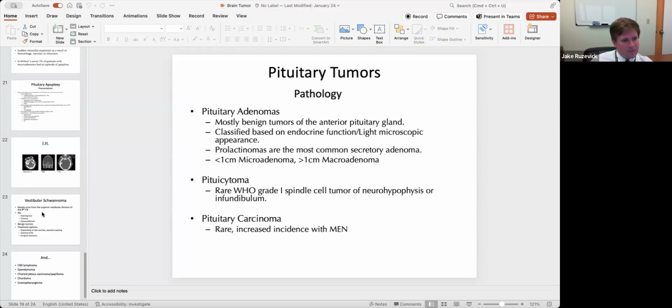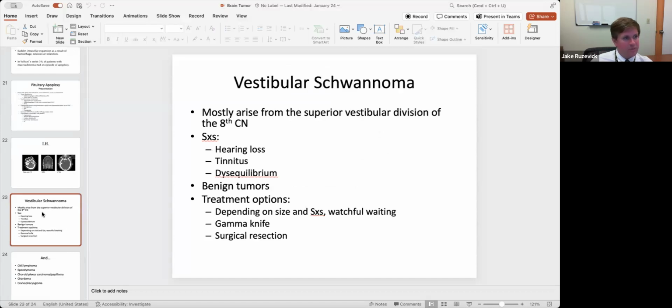Otherwise, other types of tumors, so skull-based tumors, things like vestibular schwannomas. Again, you probably know people with something like this, whether it be a family member, friend, aunt, uncle. These are super common. We generally offer surgery once they're quite large and pressing on the brainstem. But in general, these can be very safely watched for a long, long time.